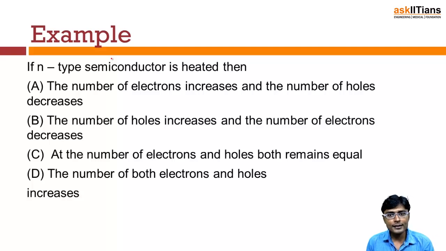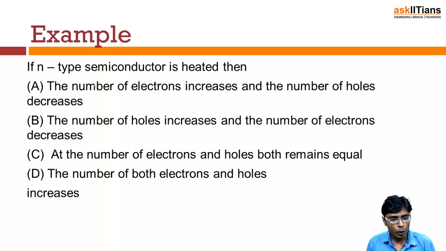We already discussed that whenever we apply heat or temperature, bond breakage happens, right? The electrons in the valence band of the covalent bonds will be shifted to the conduction band whenever there is an appropriate increase in the temperature.